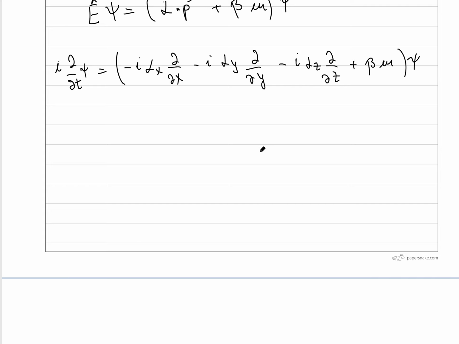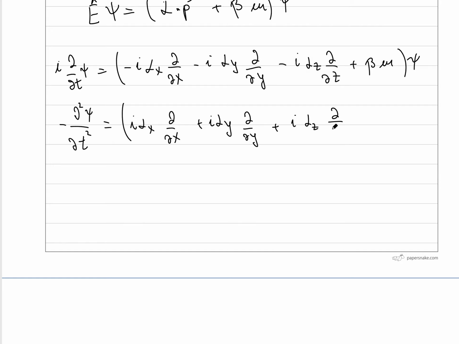So let's say we can square the equation, which is minus partial squared of psi over partial of t squared, and then here you have alpha x partial of x plus alpha y, so here you have an i, here you have an i, partial of y plus i alpha z partial of z.